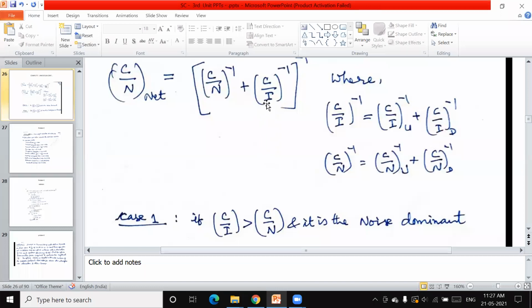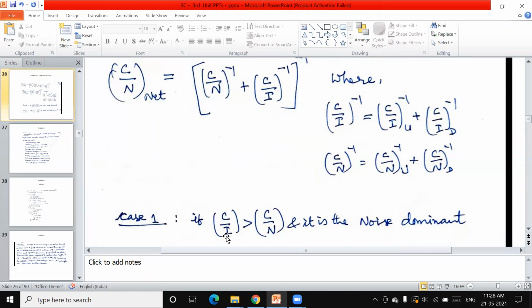In case I is more, C by I would be less and the interfering signal is more. Therefore, we can say that if C by I is greater than C by N, it is a noise dominant link.